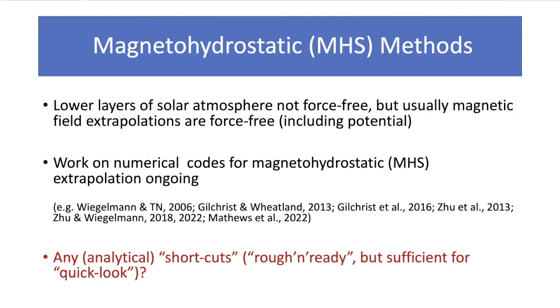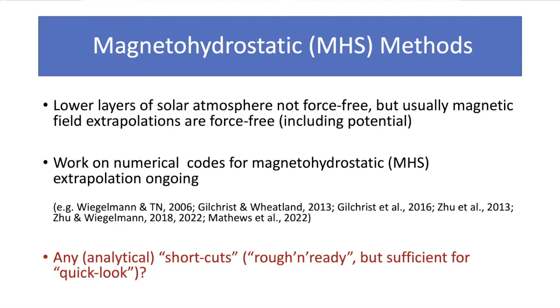What I've been interested in is whether there might be any kind of analytical shortcut, something which might be reasonably cheap to calculate, but still allows people who want to have a quick look at what changes if one includes other forces to have a rough and ready but sufficiently accurate, satisfying quick look.